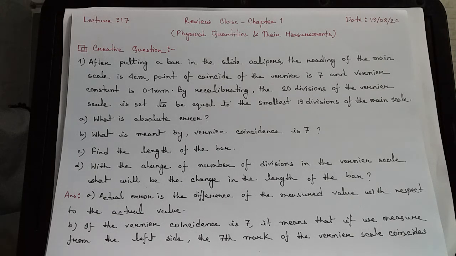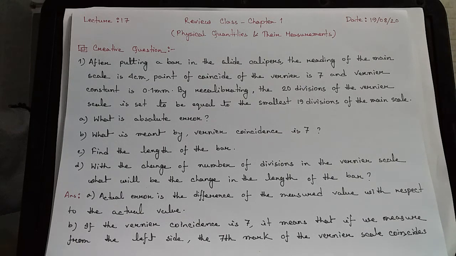So as here the vernier coincidence is 7, it means that if we measure from the left side of a caliper, then the seventh mark of the vernier scale coincides with a mark of the main scale. If there is no exact coincidence, no superposition between the vernier scale and main scale, then we will consider the very close mark of the vernier scale to the main scale.